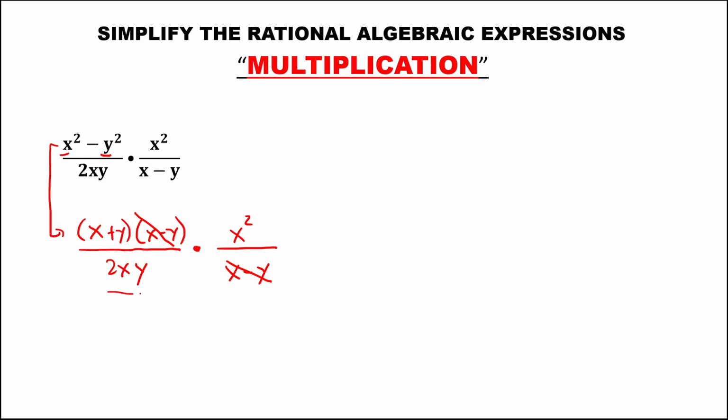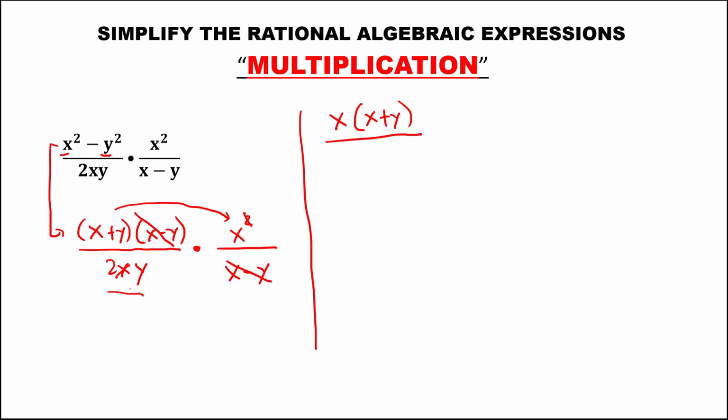This is also one term, so we can cancel x and cancel 1x. So for the remaining, we multiply. This is x times x plus y over, in the denominator, we only have 2y. Then to simplify, this is x squared plus xy over 2y.